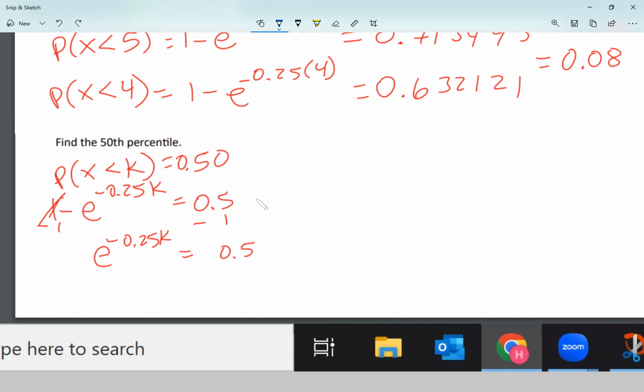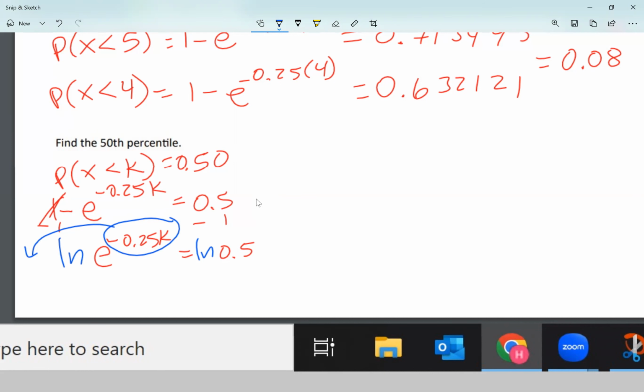Whenever we deal with e, we're going to deal with natural log. So let me take ln of each side. ln is basically natural log. We learned that the exponent does come down. And another thing we learned is that ln of e is 1.